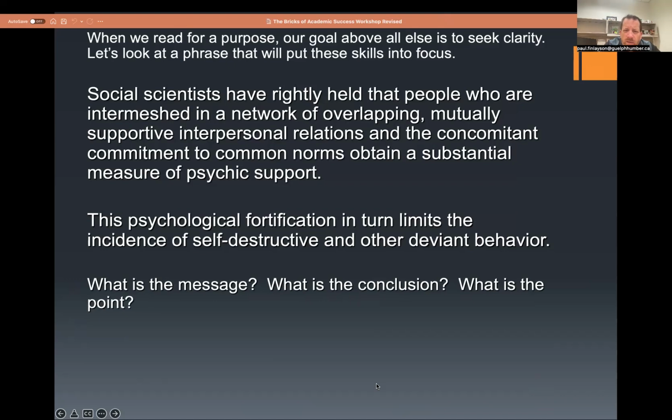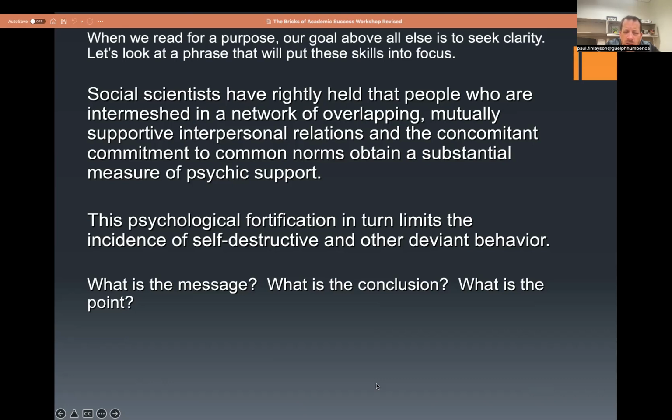Social scientists have rightly held that people who are intermeshed in a network of overlapping, mutually supportive interpersonal relations and the concomitant commitment to common norms obtain a substantial measure of psychic support. This psychological fortification in turn limits the incident of self-destructive and other deviant behavior.